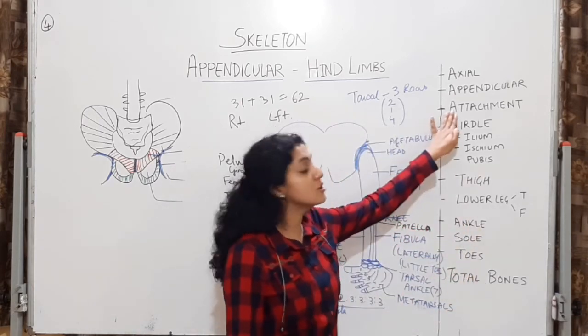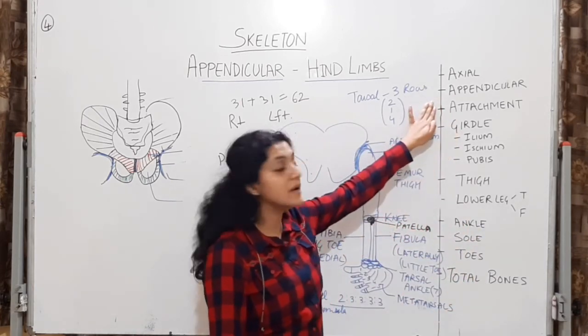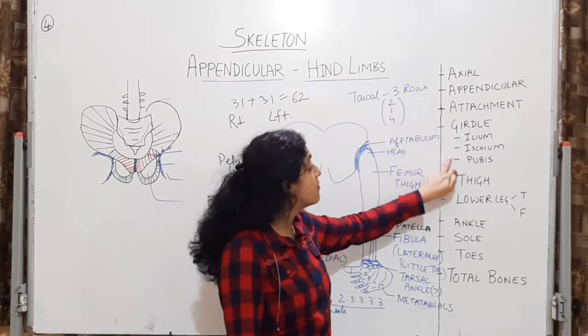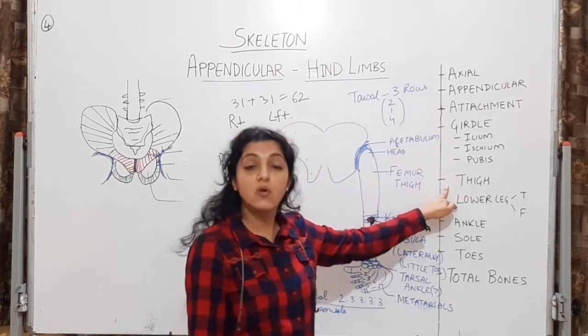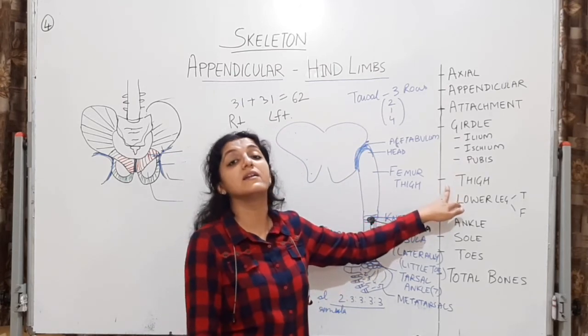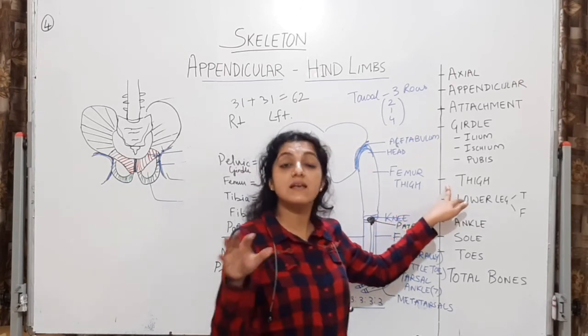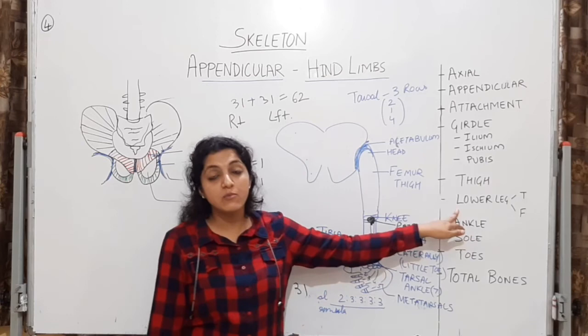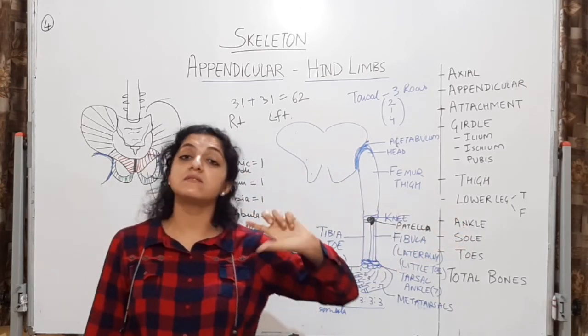By the end of this lecture, you should understand what is axial, what is appendicular skeleton, the attachment apparatus, the pelvic girdle. It is formed by these 3 bones. Then the bone of the thigh, which is the biggest bone of the body, again ball and socket joint. Okay, multi-axial movement, acetabulum cavity. Then the lower leg, which is made up of tibia and fibula. Tibia and fibula में से tibia is the stronger one.